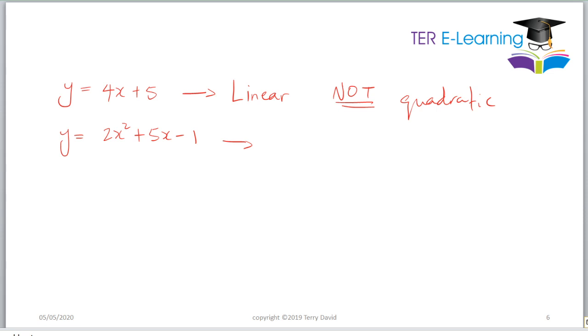All right, Shirish is saying quadratic, Josiah is saying quadratic. That is correct. So this here is a quadratic.